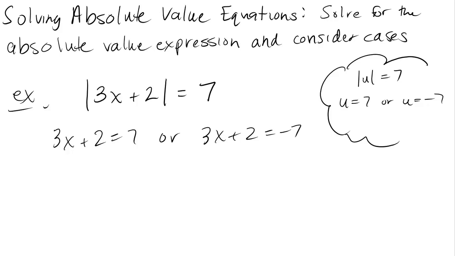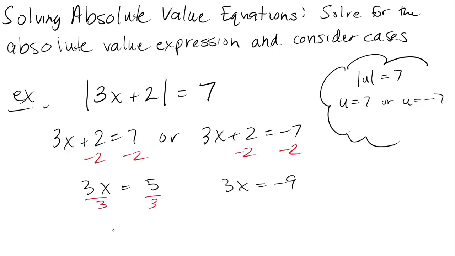And now we have two linear equations and we know how to solve these. The steps to solving these equations are going to be the same, so I'm going to do this in tandem. To isolate the variable term, I need to subtract 2. I'm going to do that in both equations. On the left, that gives us 3x equals 5, and on the right, that gives us 3x equals negative 9. Here's an example where maybe you don't feel as comfortable guessing, so the algebra comes to save you.